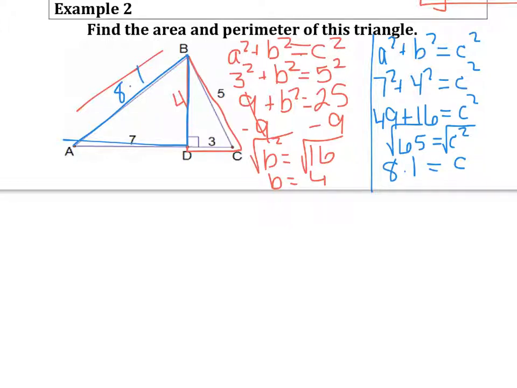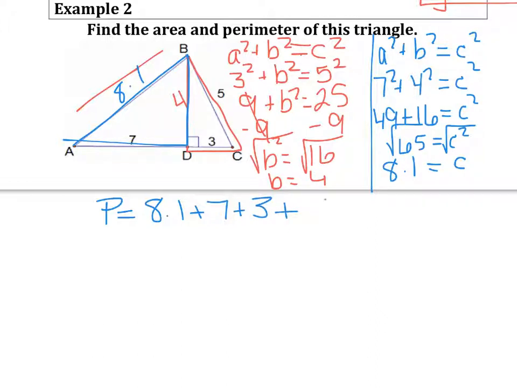So now I'm still not finished because I need to calculate perimeter and area. So I would start with perimeter. It doesn't really matter, but we'll start with perimeter. So perimeter would equal all 3 sides added up. But in this case, that's going to be segment AB, which is 8.1. It's going to be AD and DC because they both comprise the base.